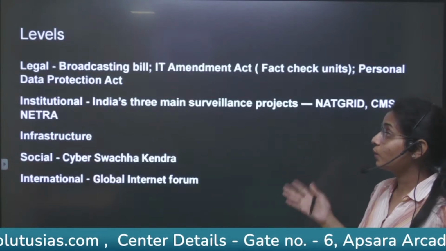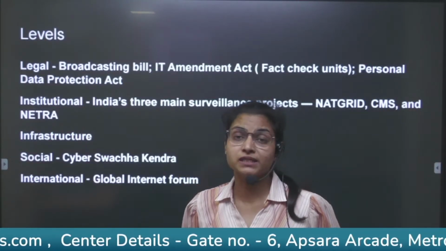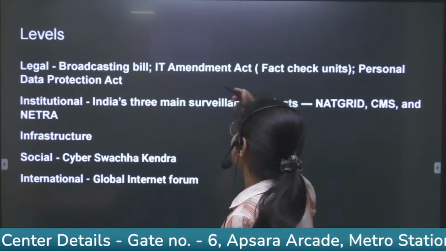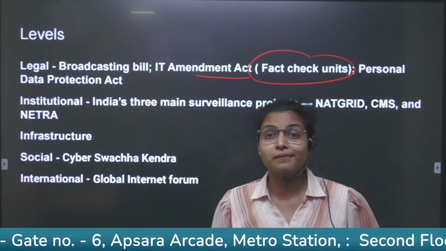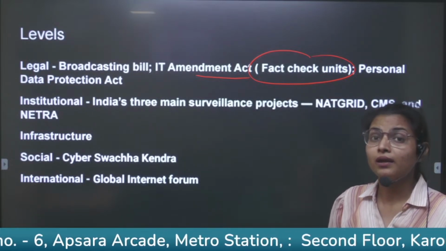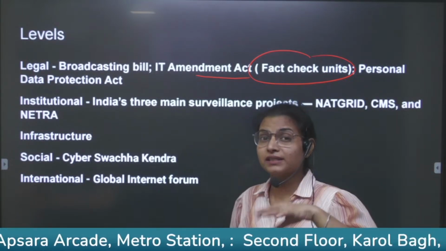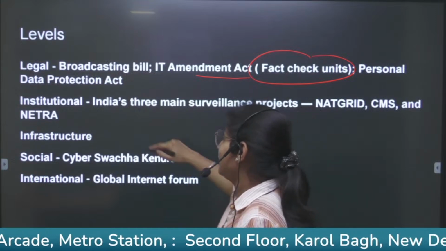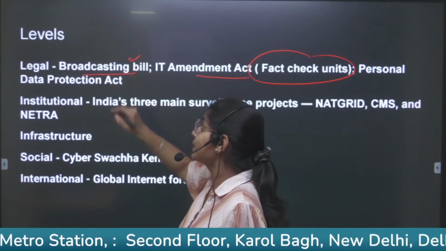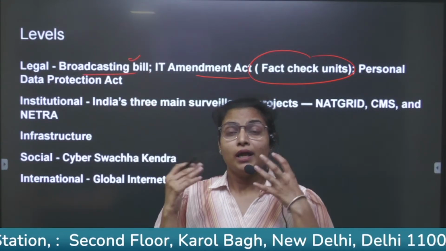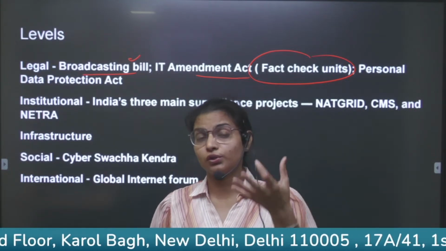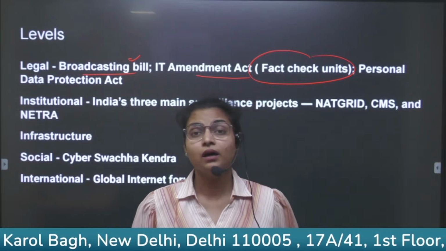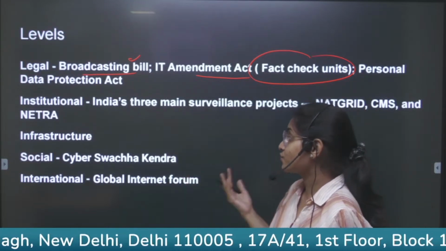If we look at the steps taken by the government, under the IT Amendment Act fact check units are being set up to see whether the actual fact is true or not. In fact, the recent broadcasting bill says that influencers or individuals putting content relating to news will also be treated as news channels of the mainstream media.